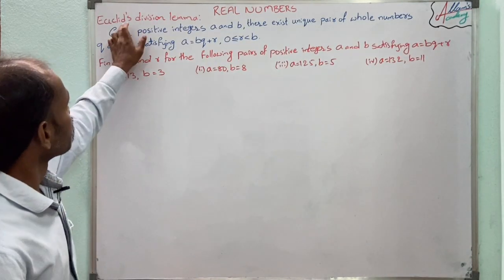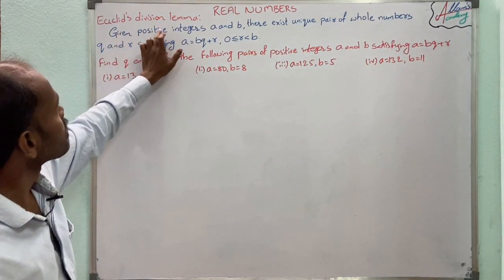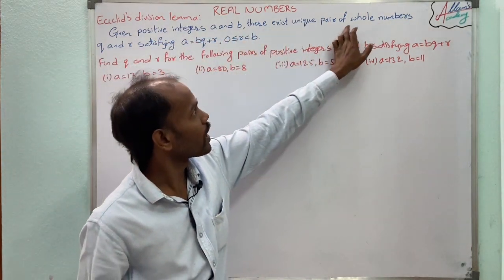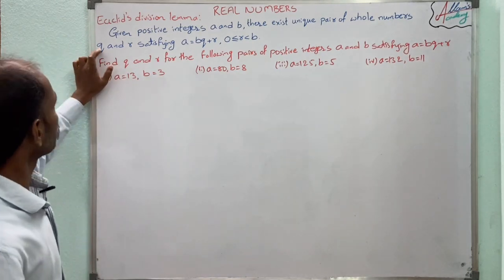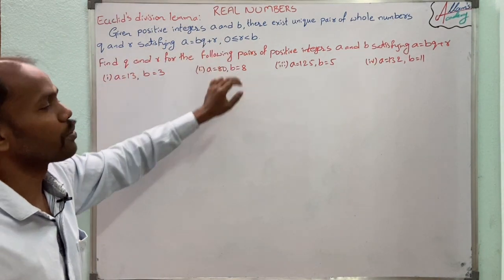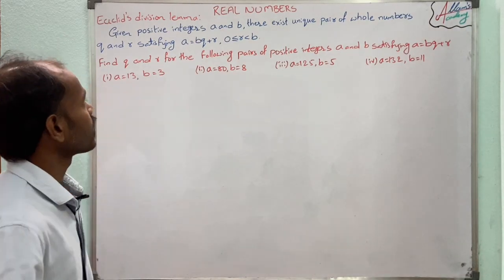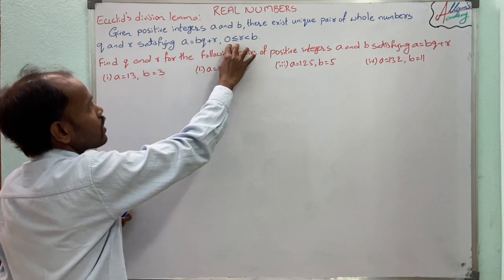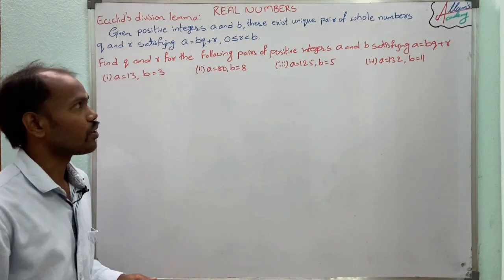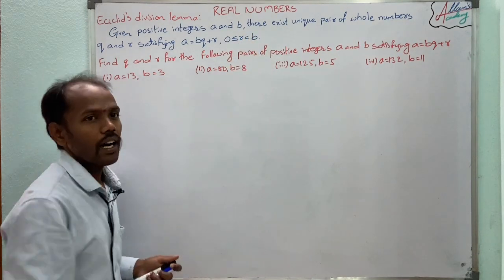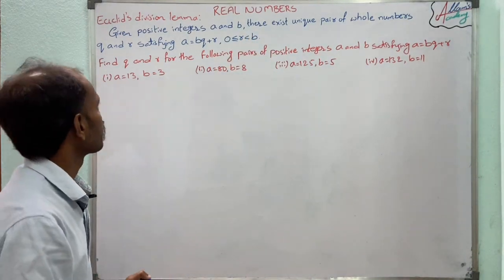The Euclid division lemma: given positive integers a and b, there exists a unique pair of whole numbers q and r satisfying a equals bq plus r. Here, r is the remainder, so the remainder value lies between 0 and b, so 0 is less than or equal to r, which is less than b.